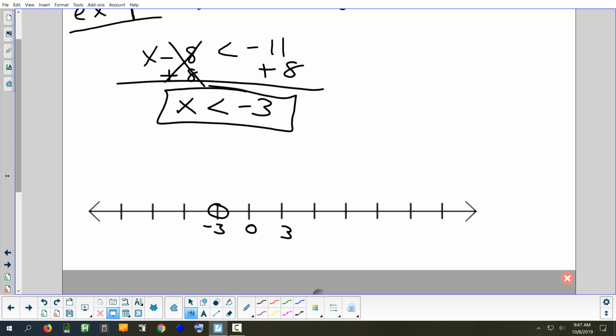Now, which way do I shade? Where are the numbers that are less than negative 3? To the right. Which way did we say numbers that are smaller are? Smaller numbers are to the left. Okay, smaller numbers, always to the left.